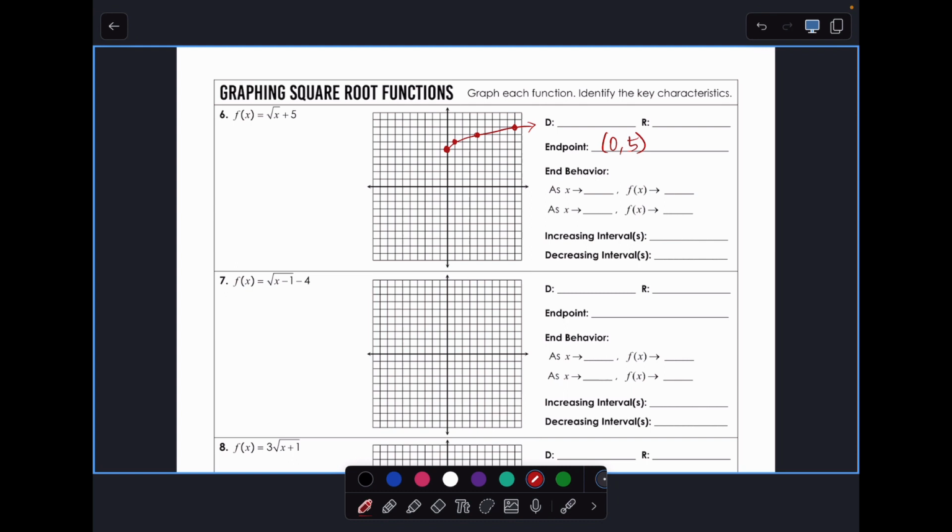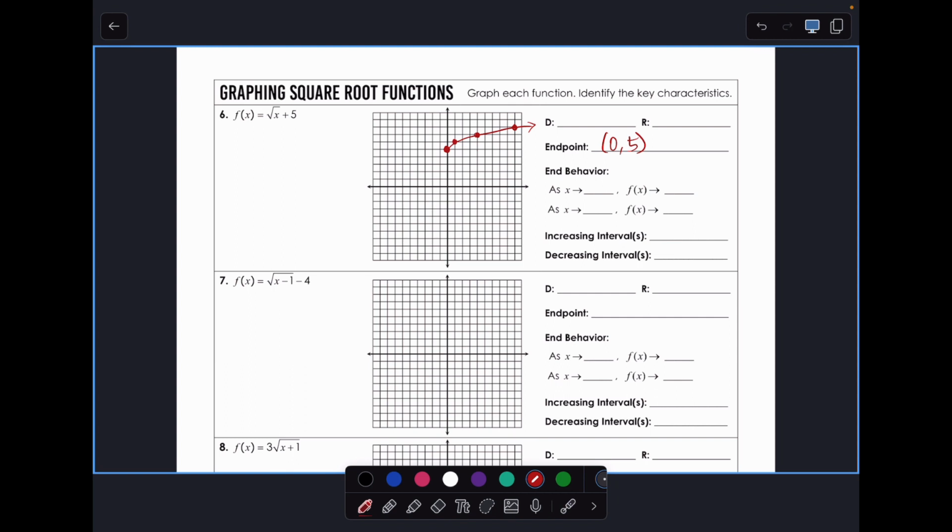And then this one is 9. Square root of 9 is? 3. 3 plus 5 is? 8. So it should work no matter which way you see this. You could plug and chug and figure out what the y values are, or you can just lay it as if this is the x-axis right here, and then stretch upward the same way that you would from a parent graph. Does that make sense?